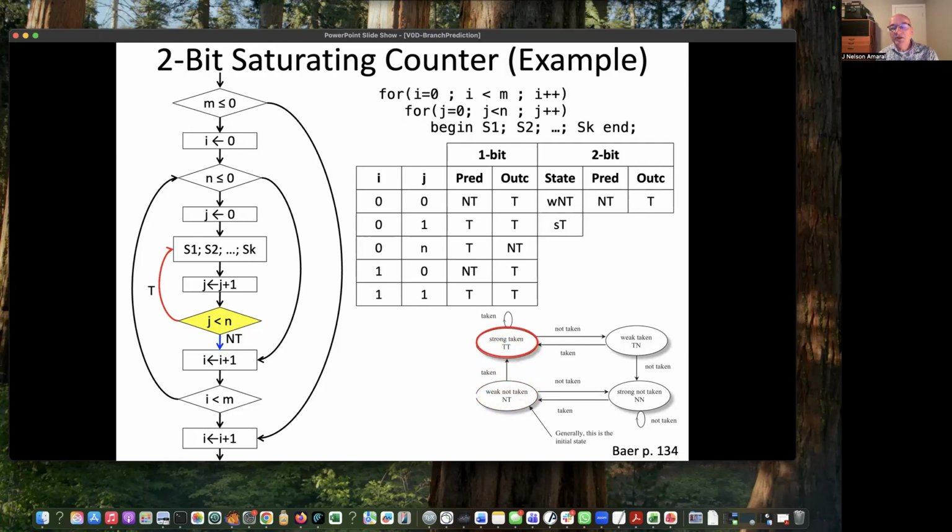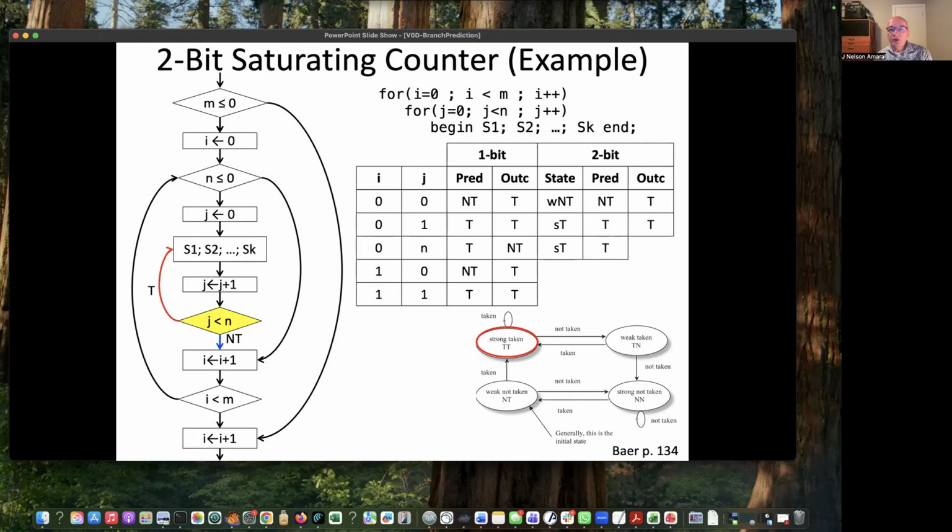So that takes me to the strong taken state. So now I'm in the strong taken state, and I'll be predicting the branch as taken, and the outcome will be taken. And as long as I execute in the inner loop, all the predictions will be correct until I get to the last iteration of the inner loop. And now I have that j is equal to n.